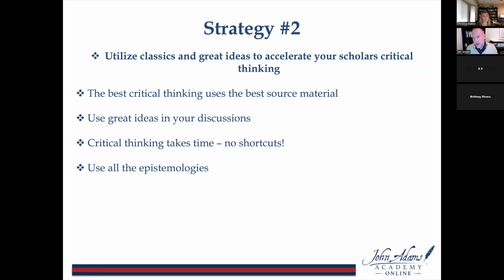I actually never read any of them, but they're fun, right? I would never tell people not to read fun books. But classics are classics because they have touched human souls over the duration of whenever that classic was produced. So the best critical thinking uses the best source material.